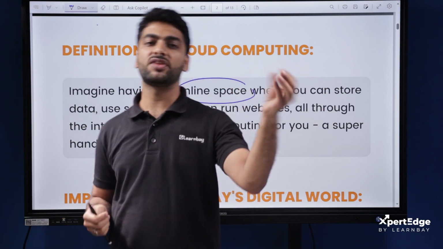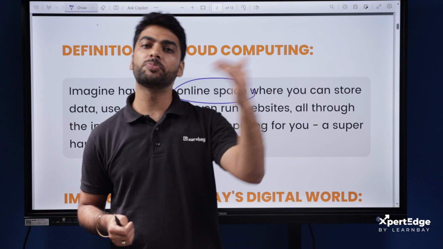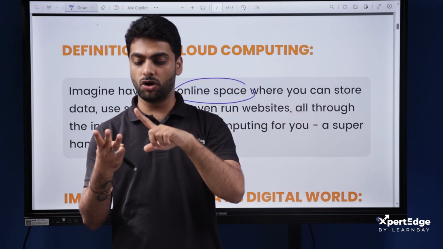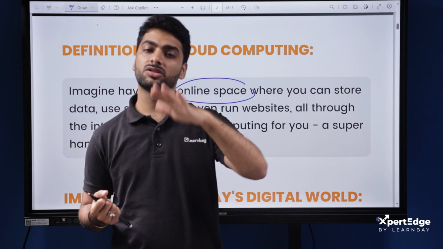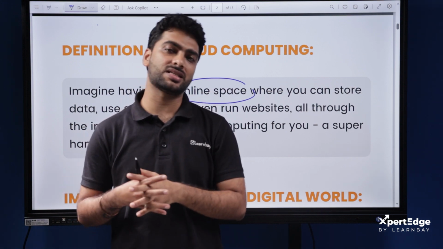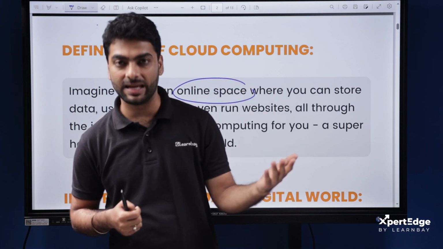If you look at the basic definition, cloud computing is a platform to deliver computing services like software, servers, networking, databases, intelligence, and analytics through the internet. This is done for flexible resources, for faster innovation, and also for economies of scale, right?